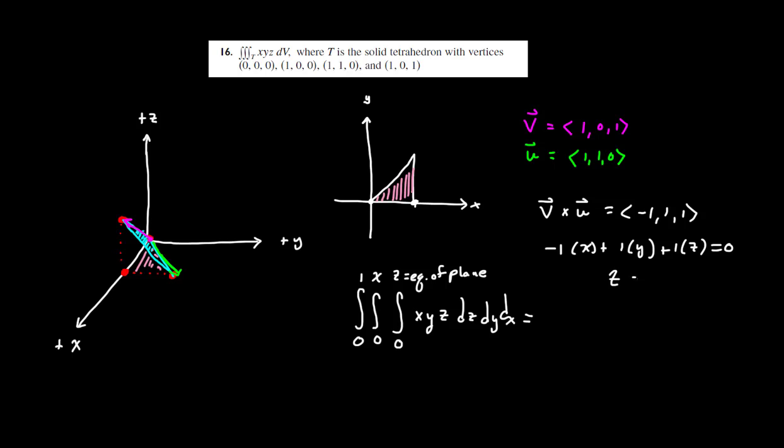From here, I see that z is simply x minus y. And there we go. There's our setup. This equals the integral 0 to 1, 0 to x, 0 to x minus y, x, y, z, dz, dy, dx.